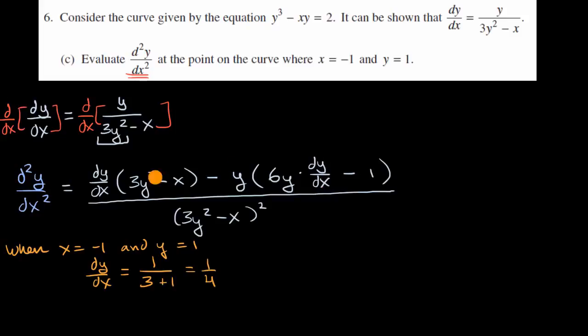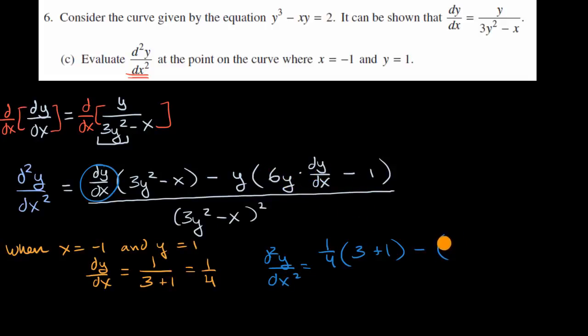And so this whole expression over here, I can write the second derivative of y with respect to x is going to be equal to, well, we know that dy/dx is going to be equal to 1/4. 1/4 times 3 times 1 squared, which is just 3, minus -1, so plus 1, minus, I'll just leave that minus out there, 6 times 1 times 1/4.